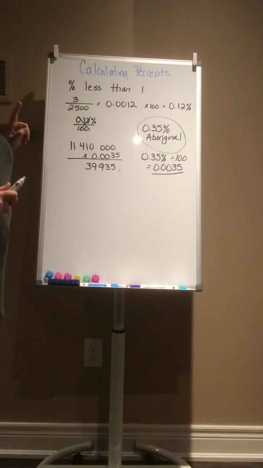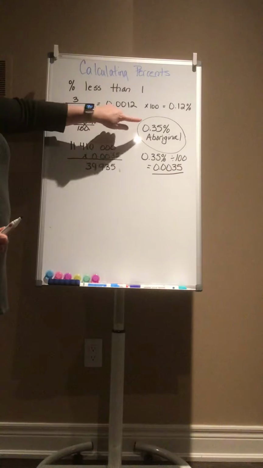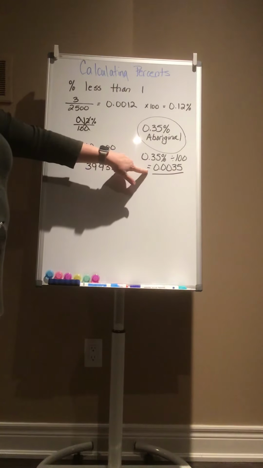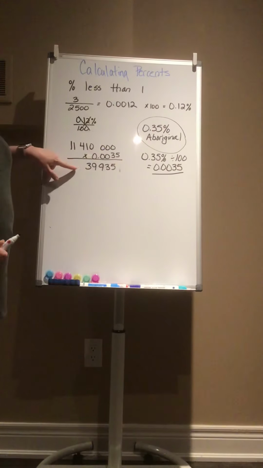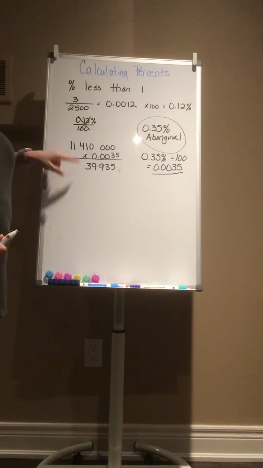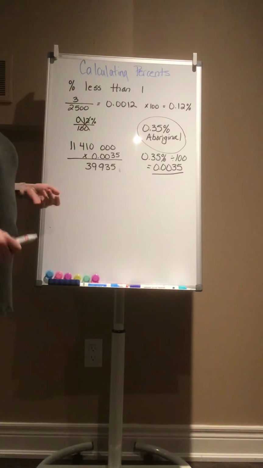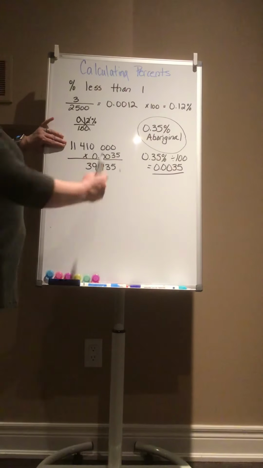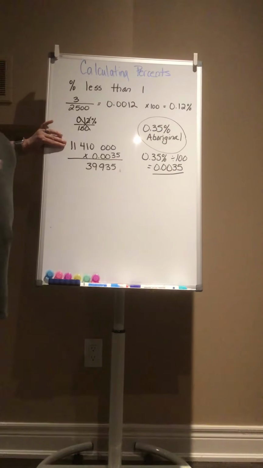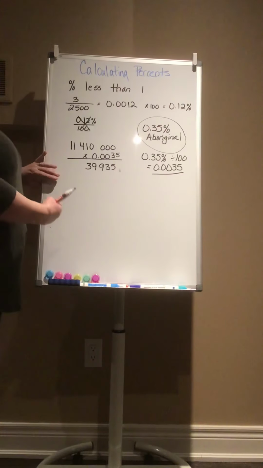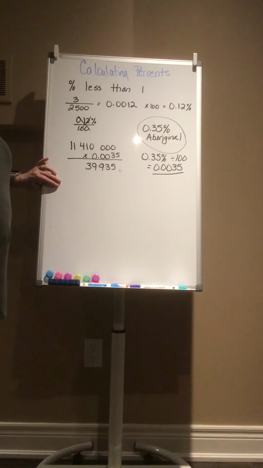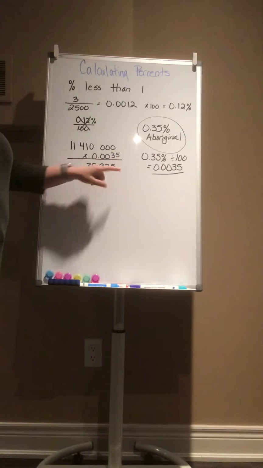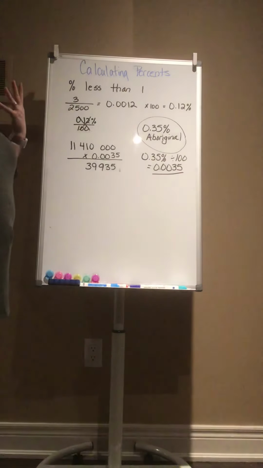Does it make sense that 0.35%, so 0.0035 as a decimal, times 11 million gives us about 40,000 people? Well, it for sure does, because if this was half, so we had multiplied by 0.5, we'd be at about 6 million people. If it was a quarter, we'd be at about 3 million people. If we keep going down, we can find that 39,935 makes sense in this question.